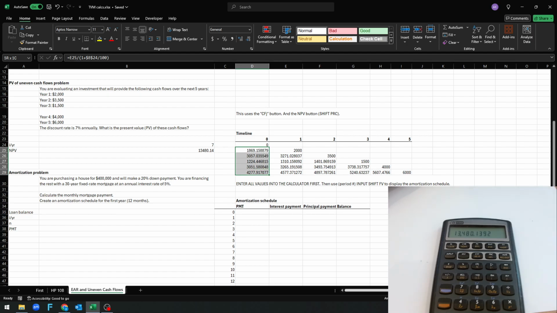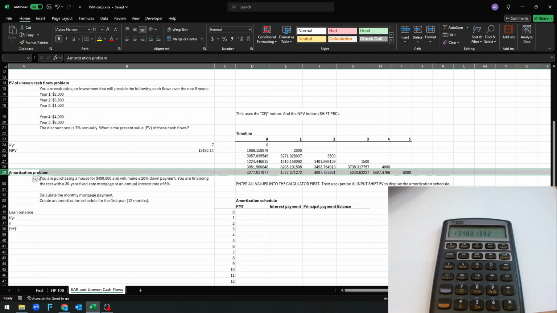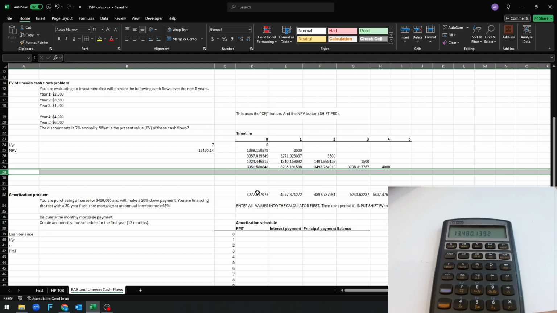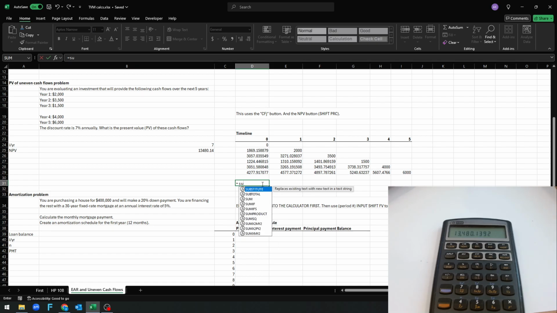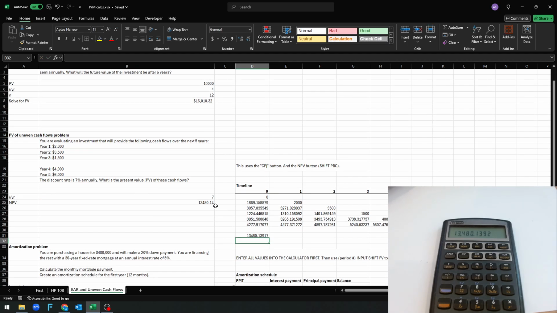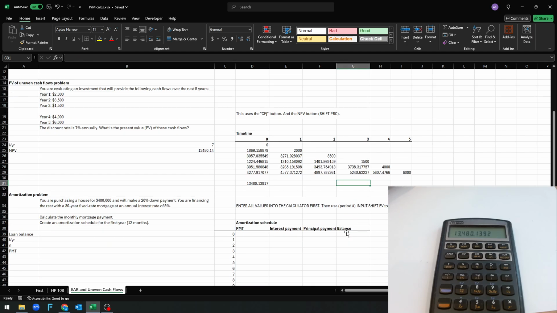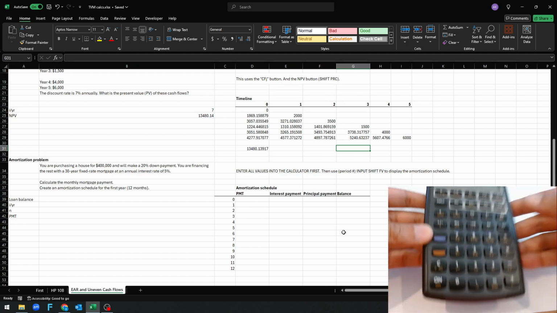And we take the sum of this, and you see it's the same number. So that worked. Let's now go to an amortization problem.